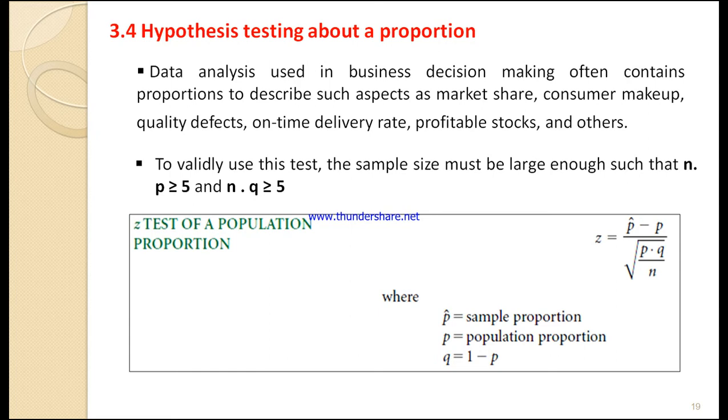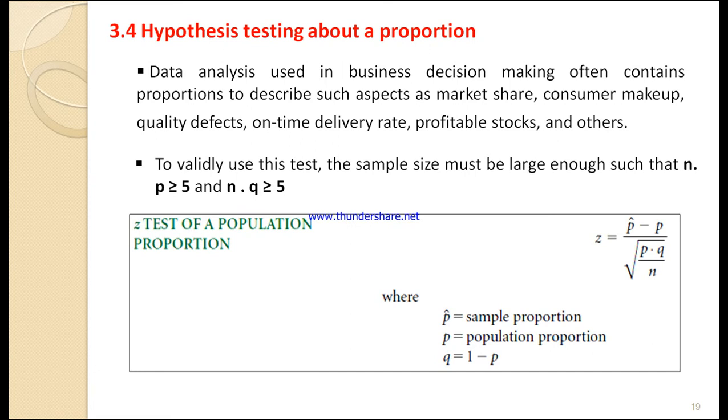Our last lesson in this chapter is hypothesis testing of a proportion. Data analysis used in business decision making usually contains proportions to describe aspects such as market share, consumer makeup, quality defects, on-time delivery rates, profitability, stocks, and others.